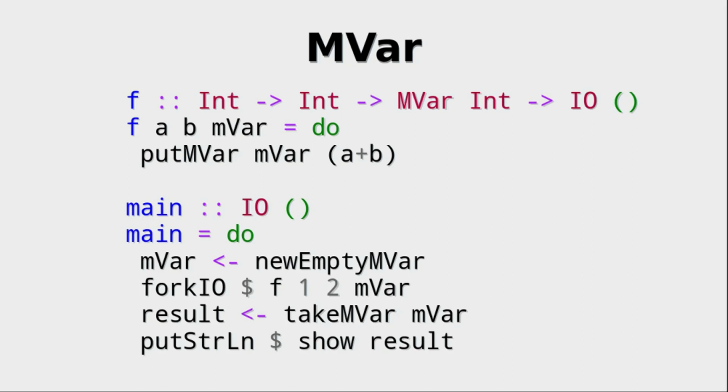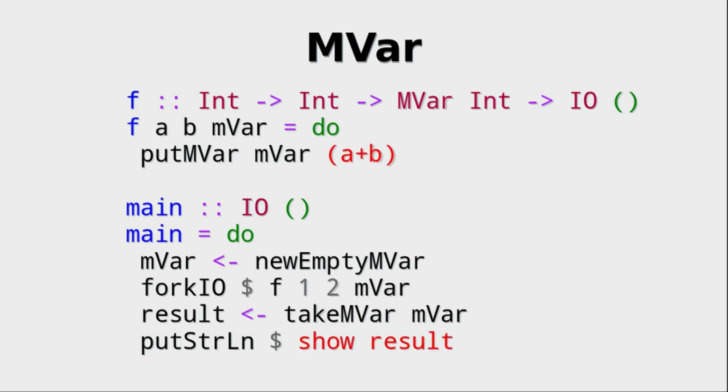Well, that's not possible, and this operation would be blocking, since we have created an empty MVar, so there is nothing in it. So this means that we are waiting for the thread to put something into it. And that's exactly what's happening, right? We add A plus B and then put it into the MVar. And in the end, we take that in the main IO action and then print the result.